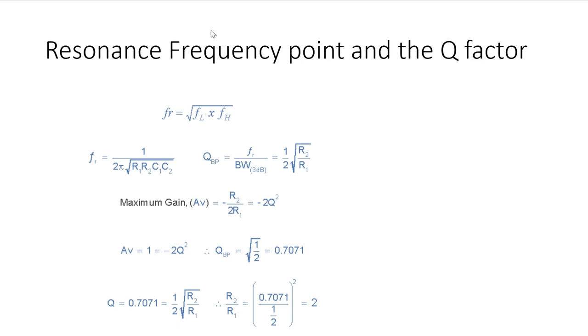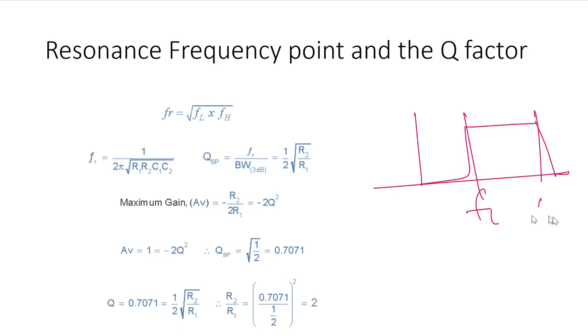Okay, so now talking about the resonance frequency point and the Q factor. The resonance frequency point is almost the geometric mean of FL and FH. If this is our whole frequency band, this is our FL and this is our FH.